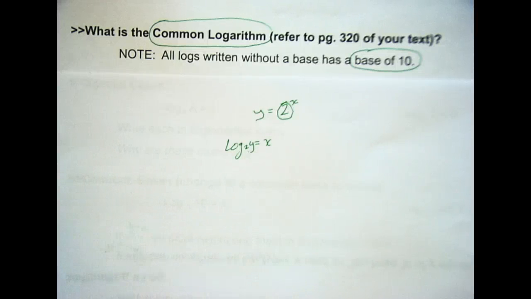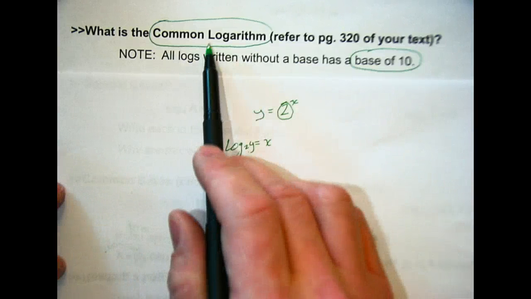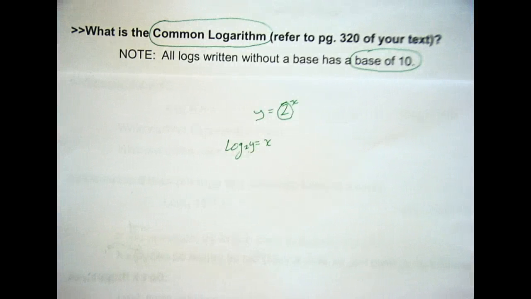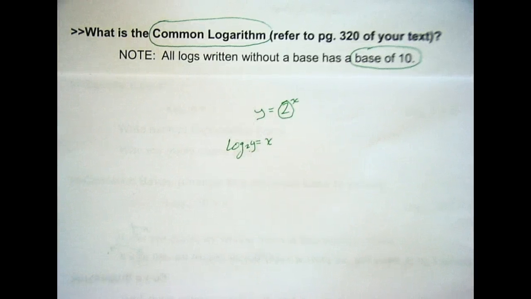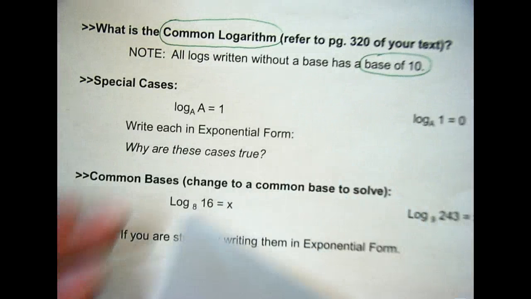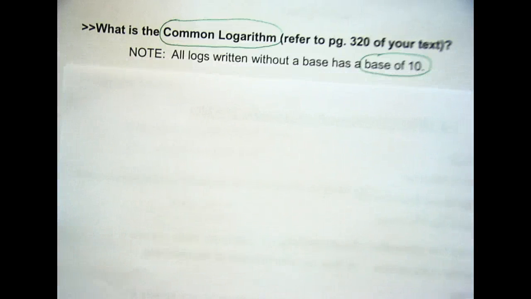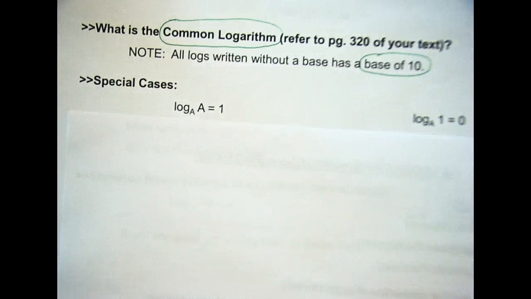Most calculators are, when you hit that log button, you are dealing in base 10. You are dealing with the common log. Why? Because our numbering system is a base 10 system. Now there is a way to do logs using your calculator in other bases. We'll talk about that. However, on your tests, you won't be using a graphing calculator. So that's okay. We'll get to that later.